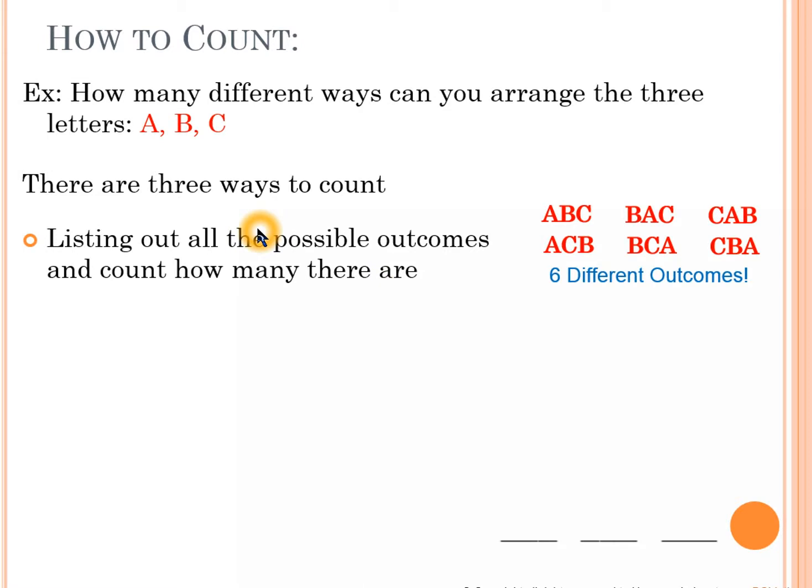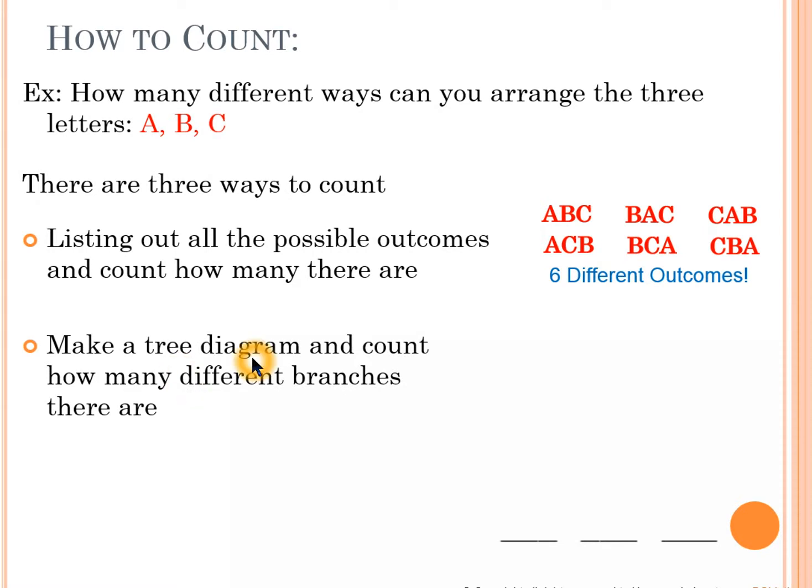Another way where you could figure out the different ways to arrange A, B, and C is by drawing a tree diagram and counting how many different branches there are. So for A, B, C, we have 3 different outcomes. We have A, B, and C. If we start off with A, that means we could have B or C for the second letter. If I pick B, then that means C must be the final letter in the third outcome.